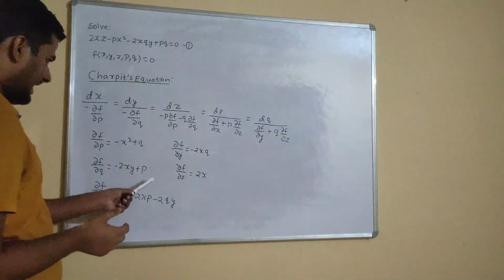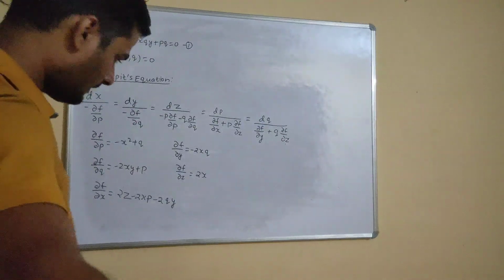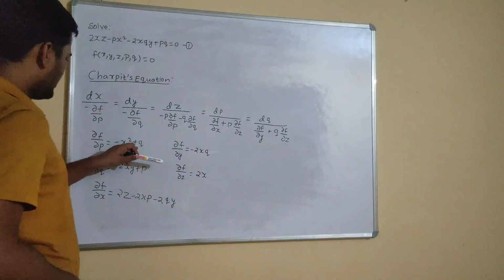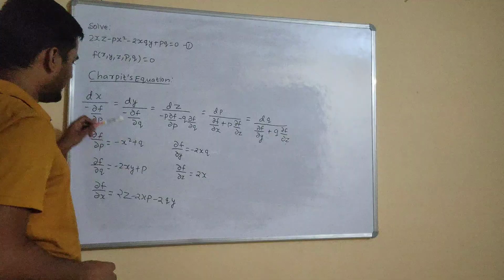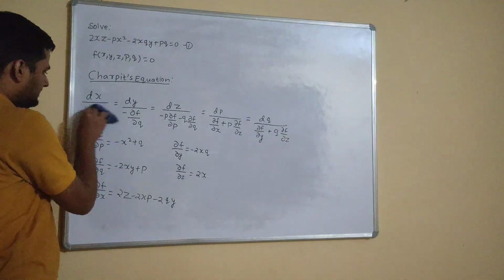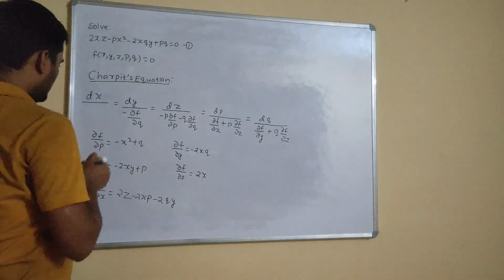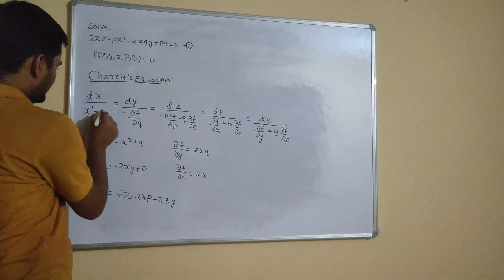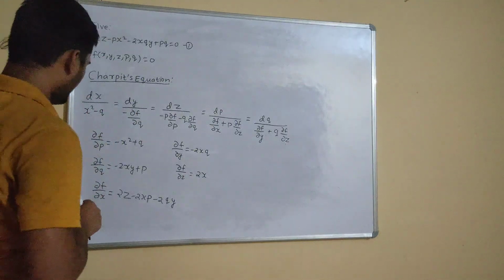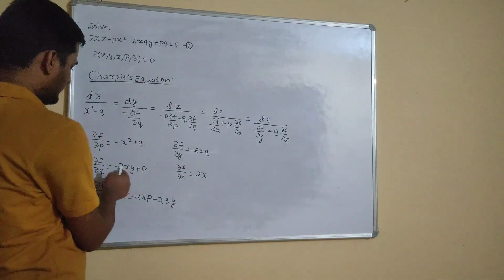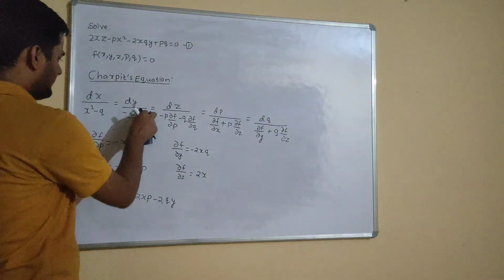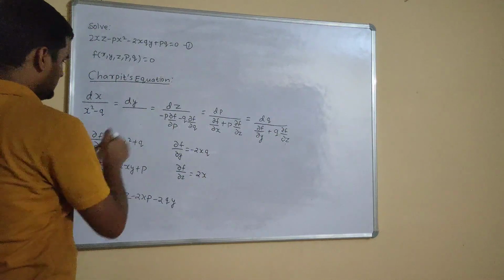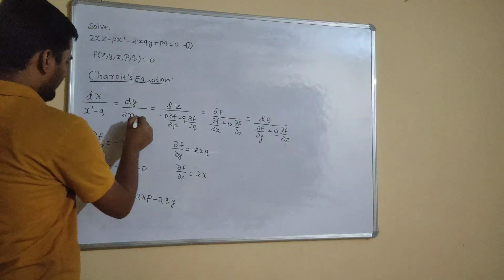Now if I put these values here, first will be q minus x square minus q, because here we have a negative sign, so x square minus q. Then we have 2xy minus p, again because we have a negative sign, so 2xy minus p.